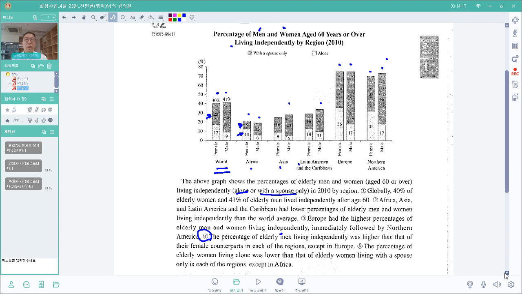So this one's lower, this one's larger, this one's larger, and this one's larger. Here, Africa, yes, except Africa. In Africa, there are more females living independently alone than with a spouse, but in the rest of the regions, it is true. Therefore, this is correct information. Okay? So moving on to the next question.